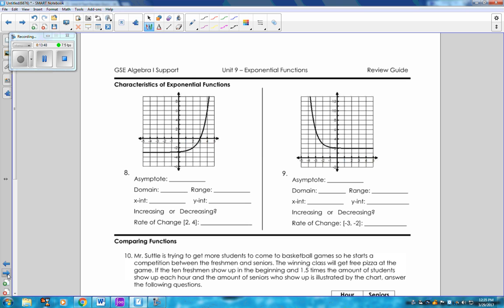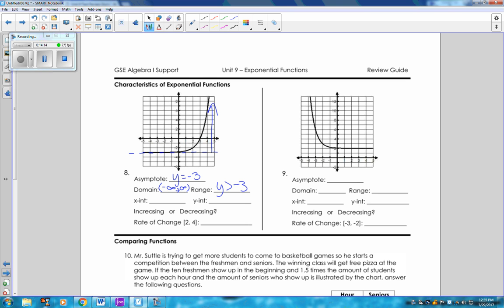We're going to identify characteristics of the exponential. All right, the asymptote is right here, and that's at y equals -3. Your domain, since there's no context to this problem, your domain is all real numbers, or negative infinity to positive infinity. That's a comma right there. Your range is going to be the values here and up, so that's all the y's that are greater than -3.